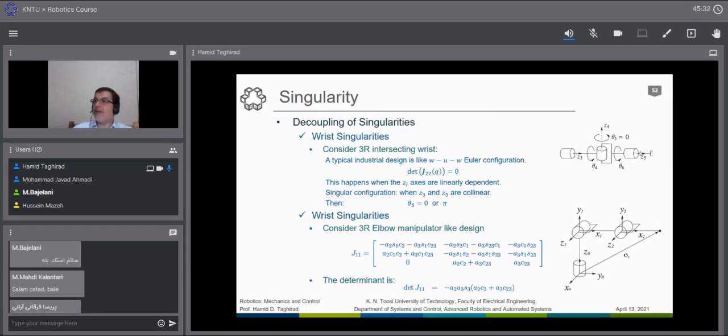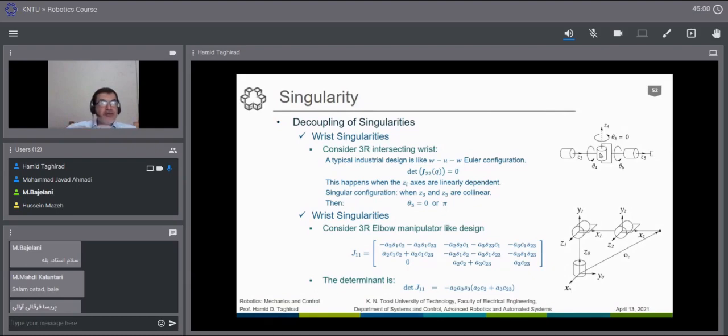And when this will happen, we can see very easily from here, if theta 5 is equal to 0 or pi, Z3 and Z5 are in the same direction. So we have the singular configuration. The determinant becomes 0 because we have dependent columns in the Jacobian.